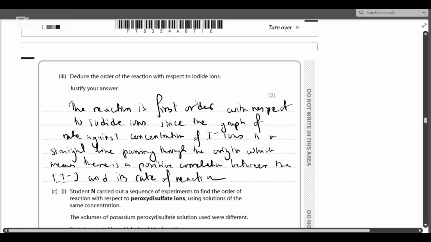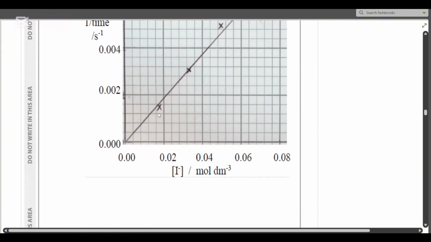So the reaction is first order with respect to iodide ions, and that is how, by seeing the graph, we can justify our reasoning and answer.